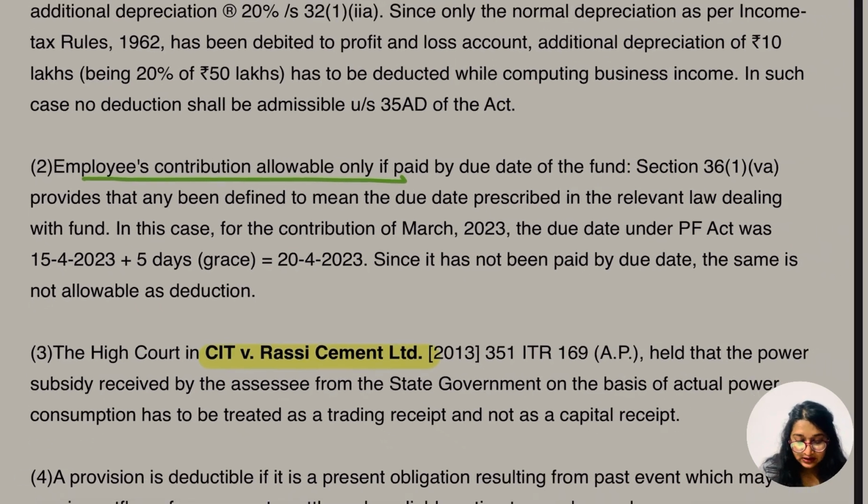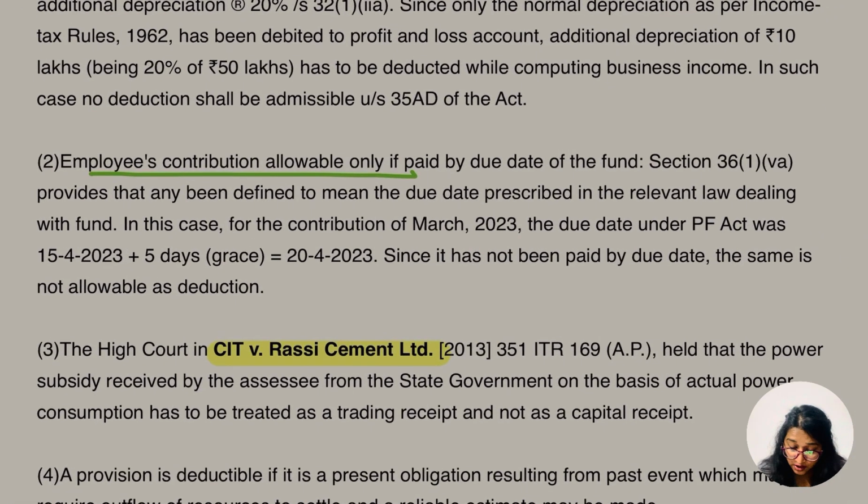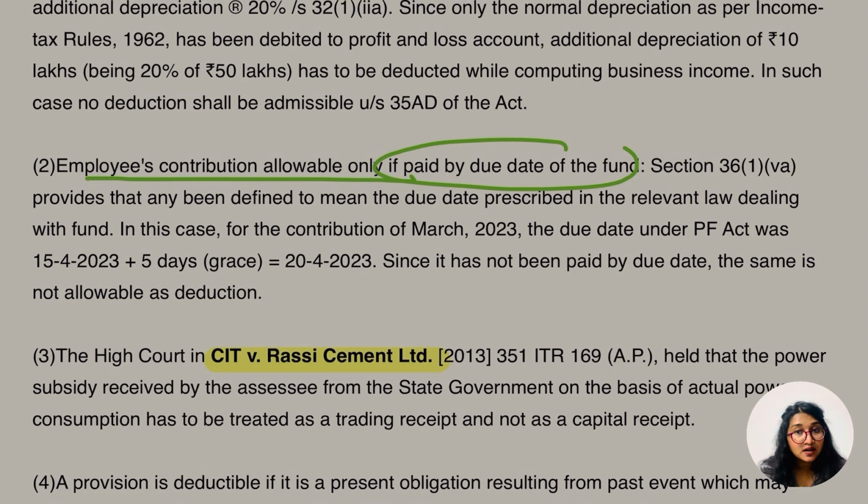Let's go for this working note. Employee's contribution is allowable only if paid by the due date of the fund. As per section 36(1)(va), due date means the due date prescribed in the relevant law dealing with the fund. In this case, for the contribution of March 2023, the due date under the PF Act was 15/4/2023.